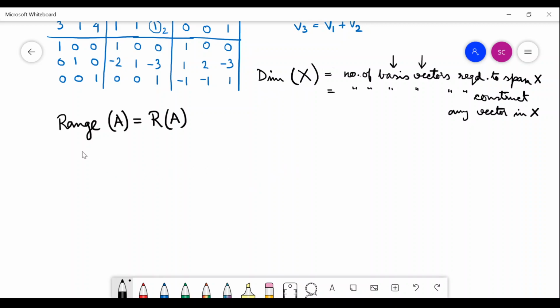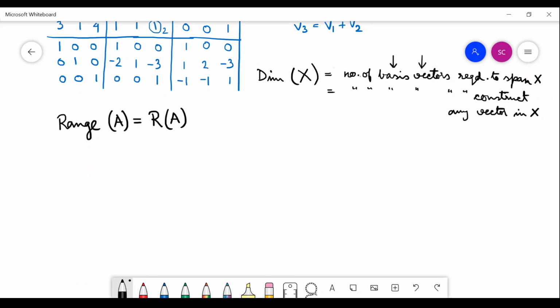Now, what is the range space of A? To obtain the range space of A, we are talking about defining a space, because we have to identify a space as a range space of A. So we have to know how to identify a vector space, how to define a vector space.